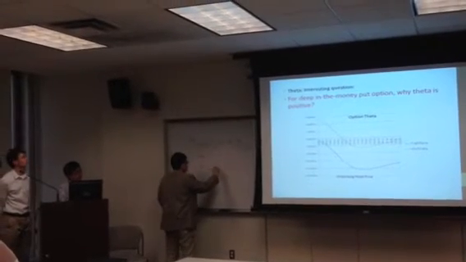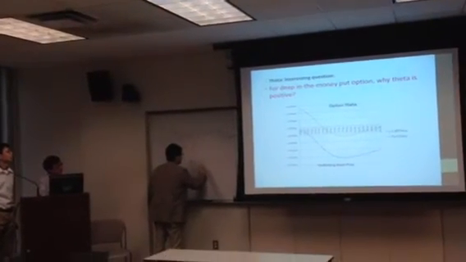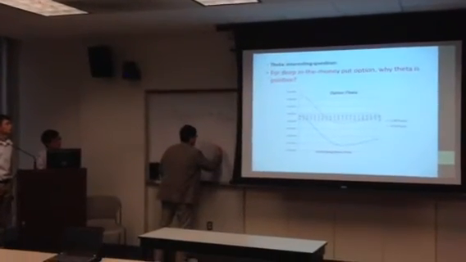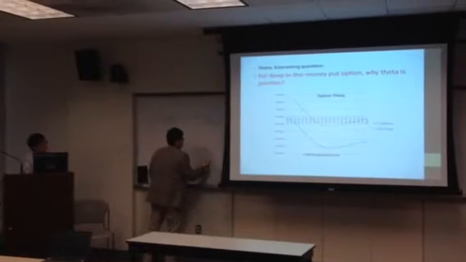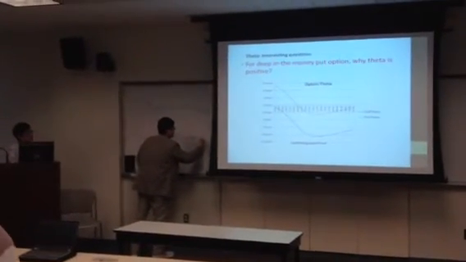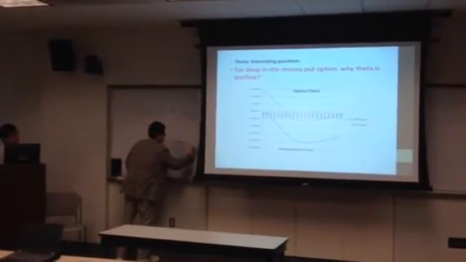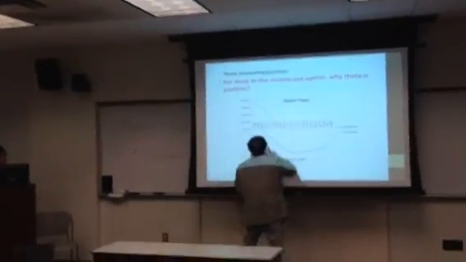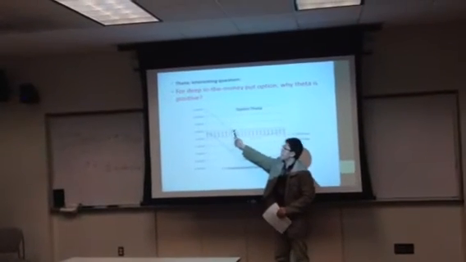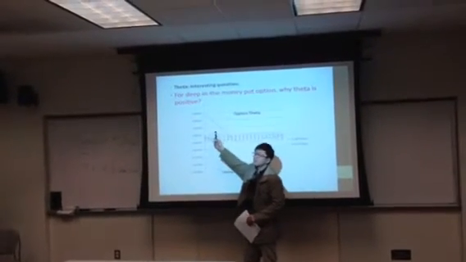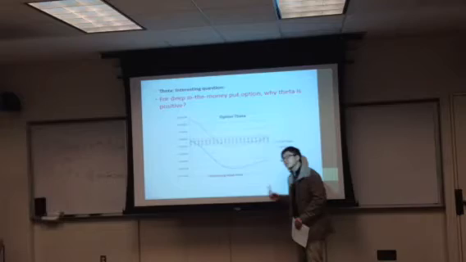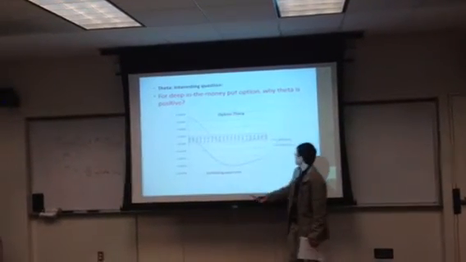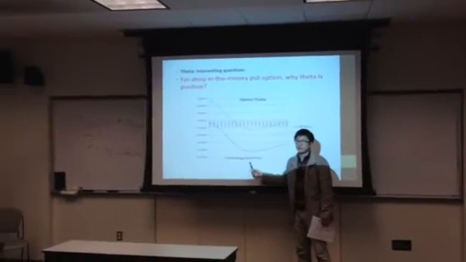That is why partial P over partial T is bigger than 0 when the underlying asset price is much smaller than the strike price. This is why for put option, when it is deep out of the money, the theta is positive. And another thing we should notice is that around strike price 6.8, the theta is lowest.